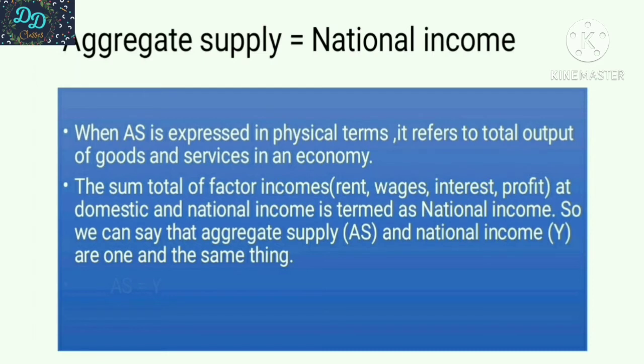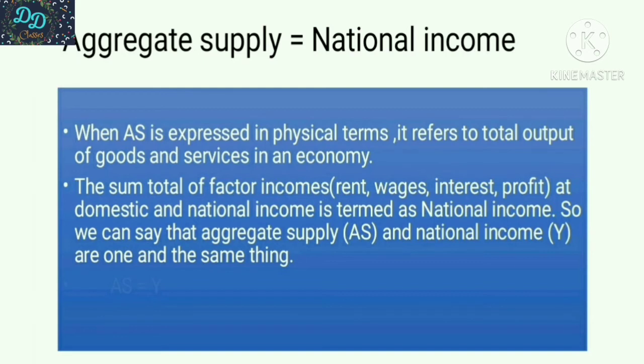These factor incomes at domestic and national level are termed national income. So we can say that aggregate supply and national income are one and the same thing. That's why we say aggregate supply equals national income, because of these factor incomes: rent, wages, interest and profit.